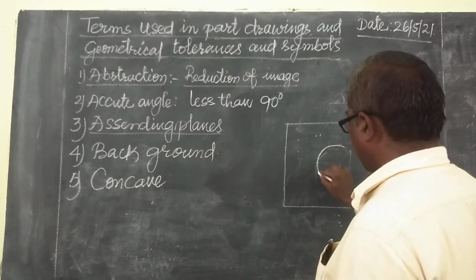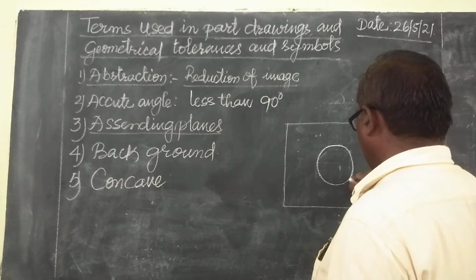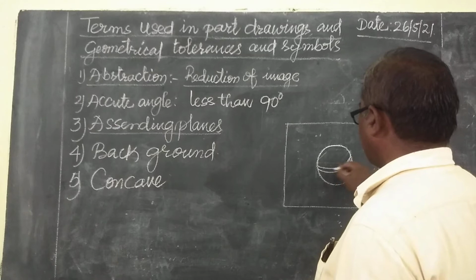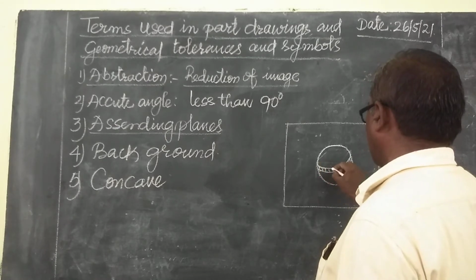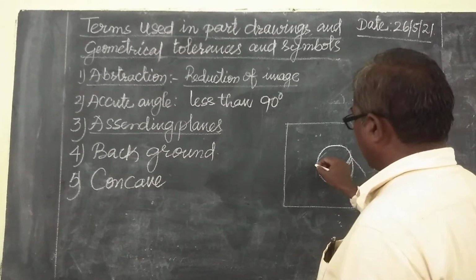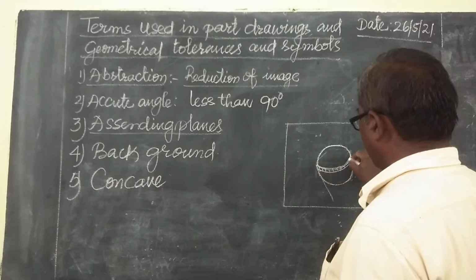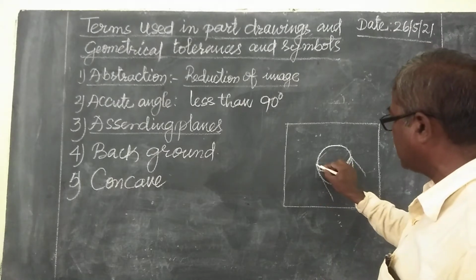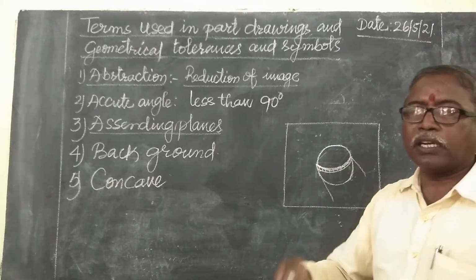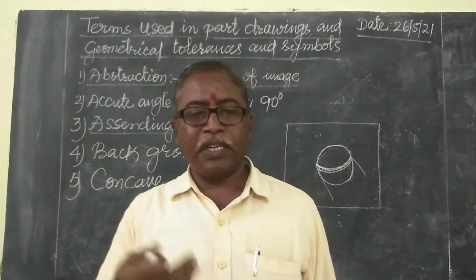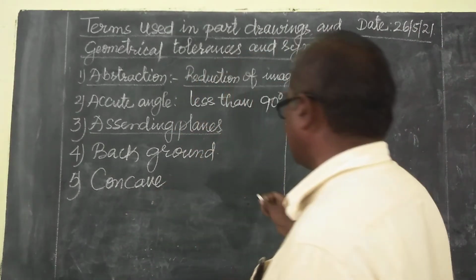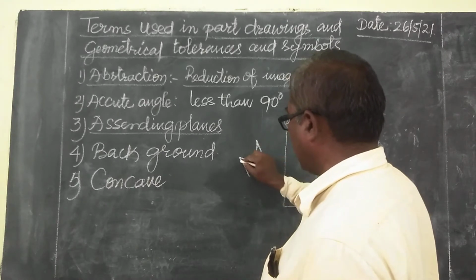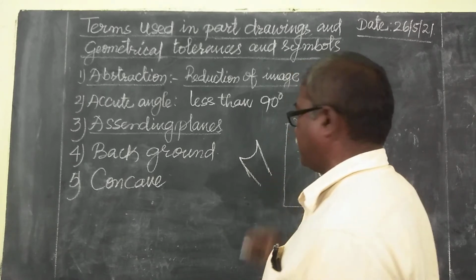Then the ball is here, and on that ball the thread is given like this. So this we can call concave. The cave means the internal curvature. For example, a radius gauge, this we can also call a fillet.